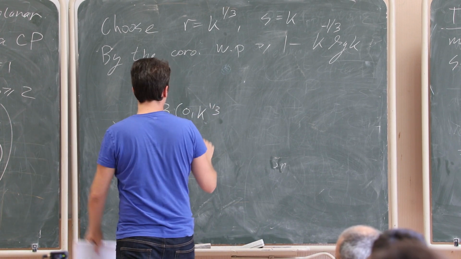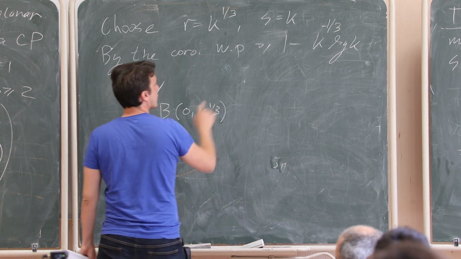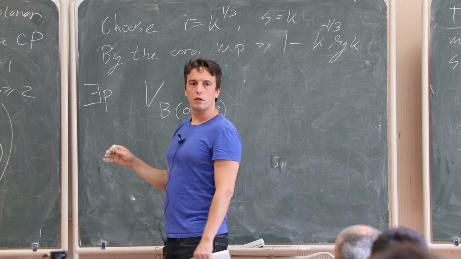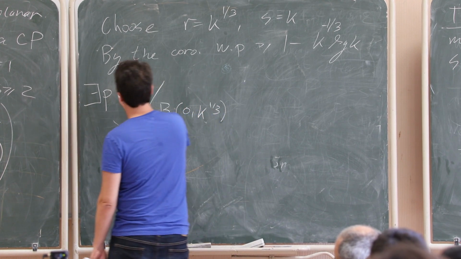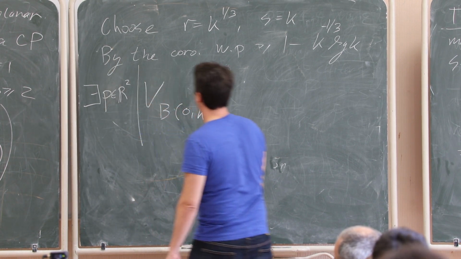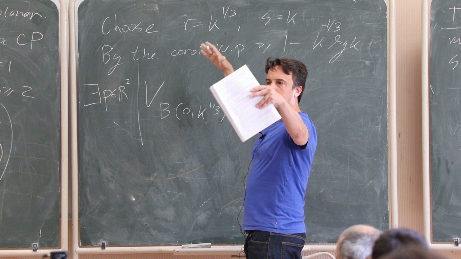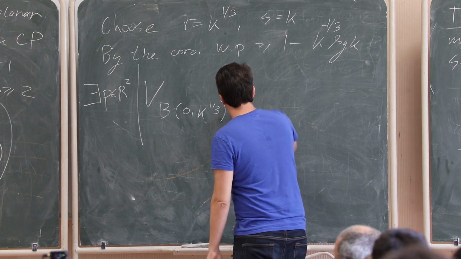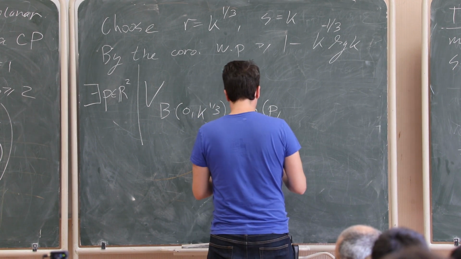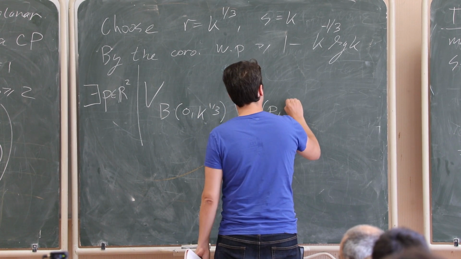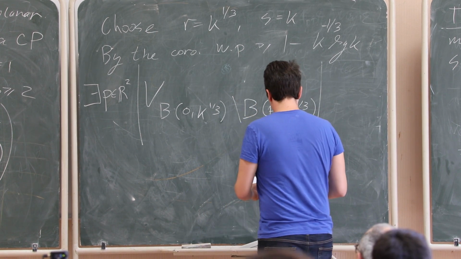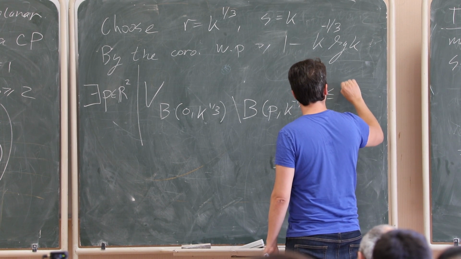So the statement is that there exists some point, the logical negation of the event in here, there exists some point in R2 such that, if I look at a ball of radius k to the 1/3 around my origin, once I remove the ball of radius 1 over R, which is k to the 1/3, then I see no more than k points.